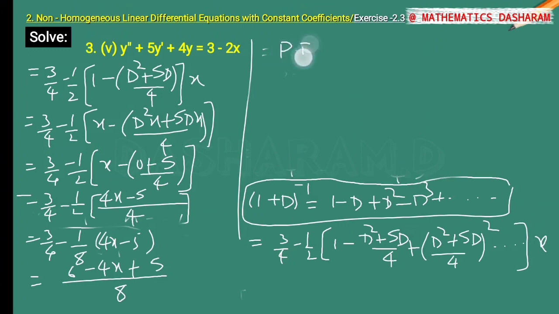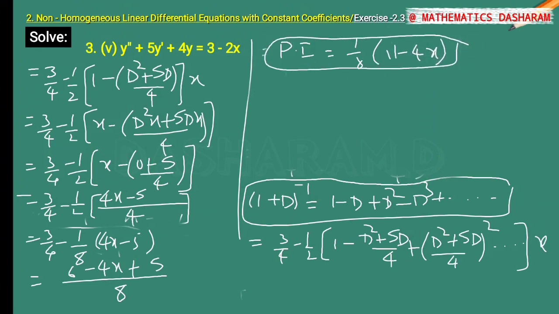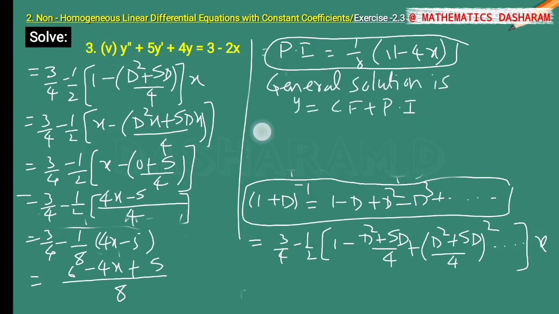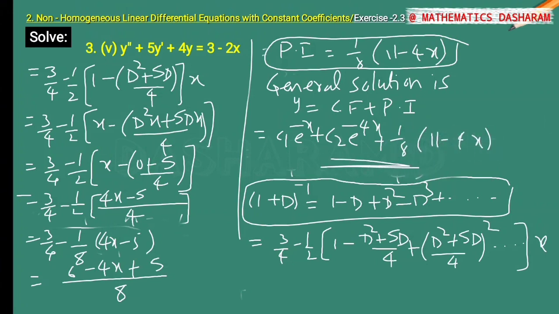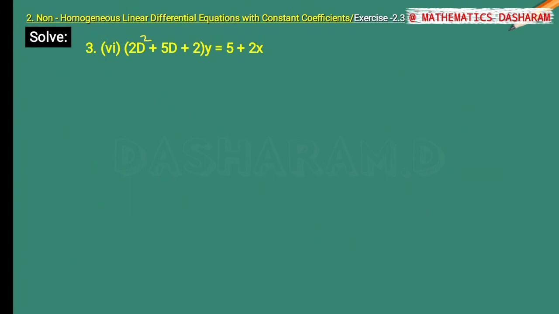So the particular integral is 1 by 8 bracket of 6 plus 5, 11 minus 4x. Now the general solution is complementary function c1 into e to the power of minus x plus c2 into e to the power of minus 4x plus particular integral, 1 by 8 bracket of (11 minus 4x), is our required answer. The next question is (2D square plus 5D plus 2) y equals 5 plus 2x.